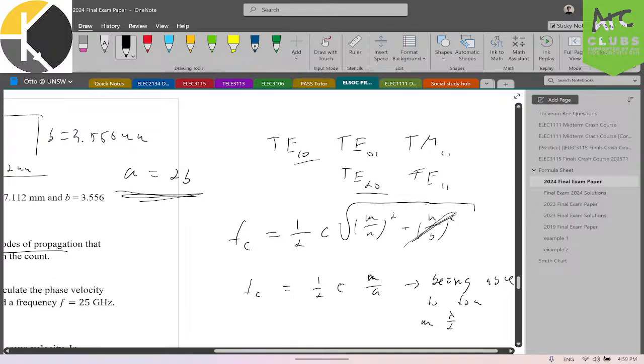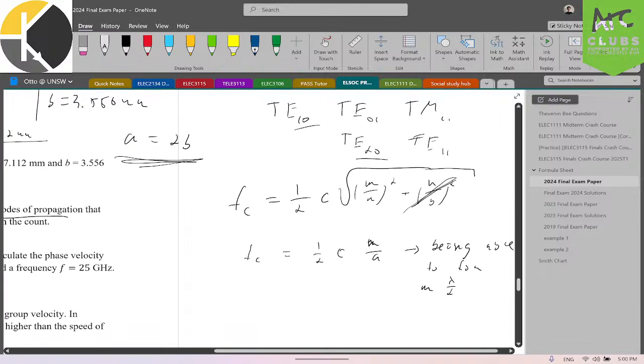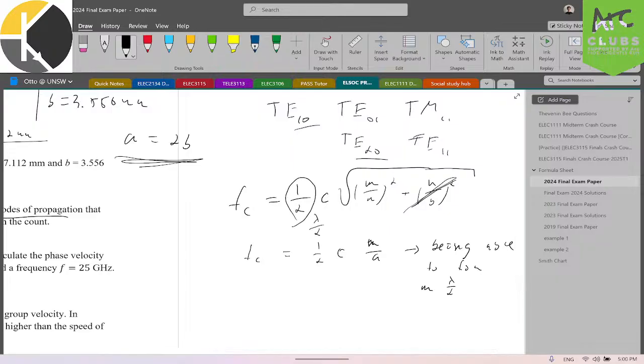If the waveguide is smaller than half a wavelength in all dimensions, it cannot propagate any modes at that frequency. And to propagate the nth mode, you need to fit n half wavelengths. This is how you would remember this formula. And this 1/2 comes from lambda on 2, essentially. The frequency is half as much.